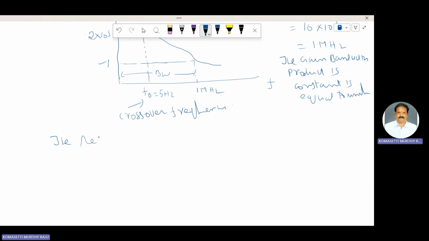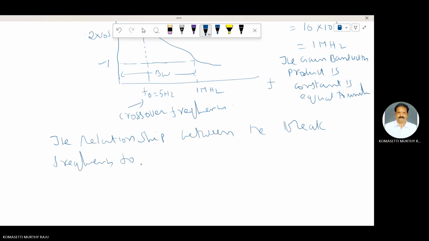Here, the relationship between the break frequency, F naught, the open loop voltage gain, A, and the bandwidth with feedback.